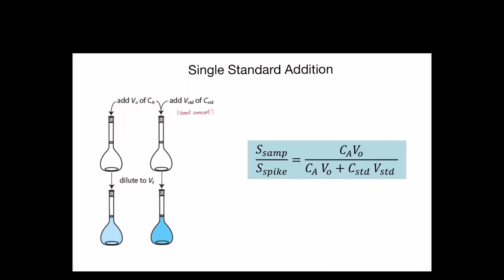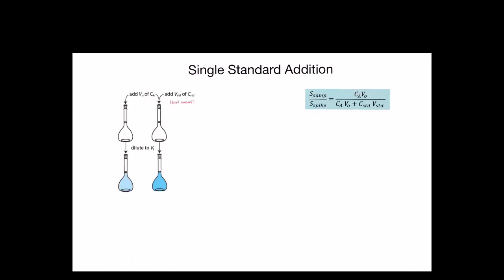In this video, I'm going to explain how to derive the equation for single standard addition. So we have two flasks here, and each of the flasks has the volume V0, and the concentration will be Ca.